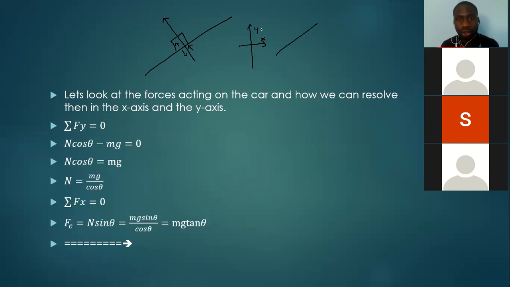Whether you want to just use your Cartesian plane like this or your Cartesian plane like that, which is your y-axis rotated like that and your x-axis rotated like that, it's all due to convenience sake.